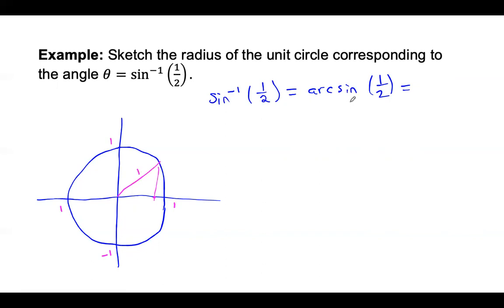But you could try to find where it is a half. So it's going to be opposite. This is our angle. Opposite will be a half. You can figure out that adjacent is going to be root 3 divided by 2. So opposite over adjacent. What angle is that?